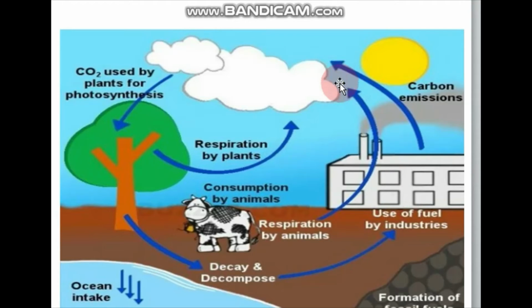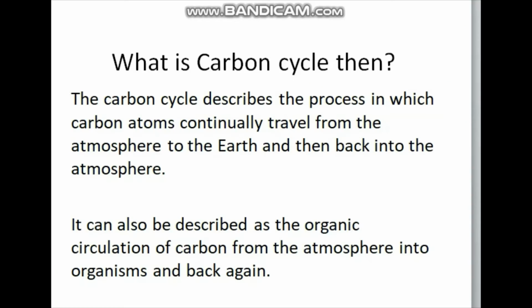So if we want to define the carbon cycle, we can say that it is a cycle that describes the process in which carbon atoms continually travel from the atmosphere to the earth and then back into the atmosphere.